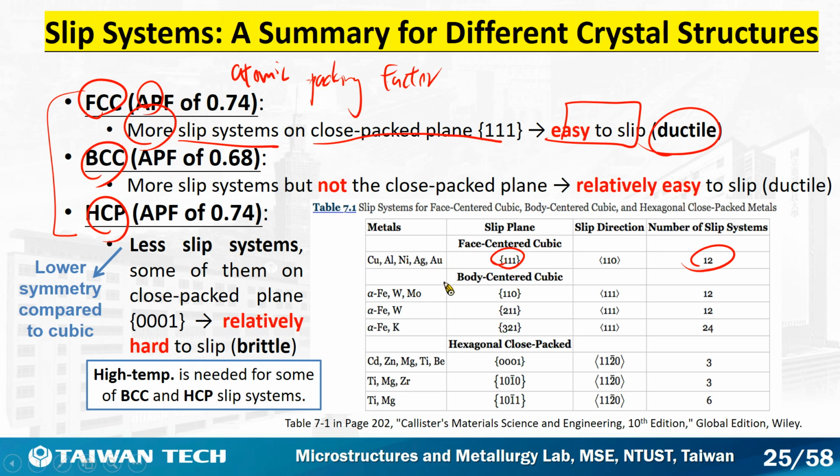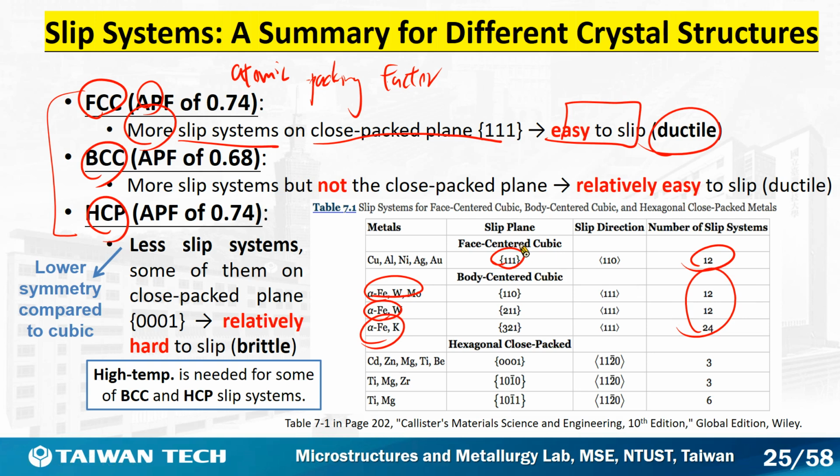And BCC materials have an APF of 0.68, a little bit less than that for FCC and HCP. But you can see here, for these different BCC metals, they have a lot of slip systems.